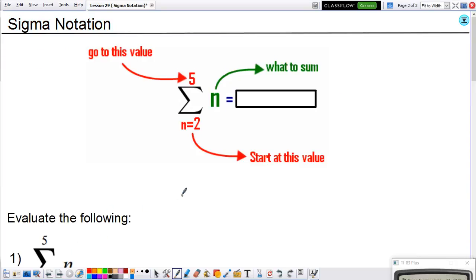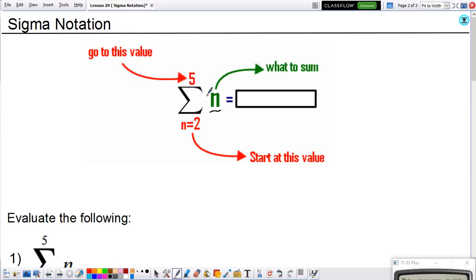Here, again, this is the sigma notation. And the sigma notation is always going to be composed of three things. An expression that is always going to be in the front. This expression is what we're going to be summing.